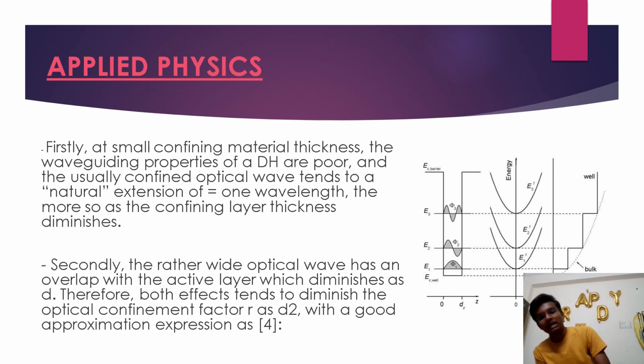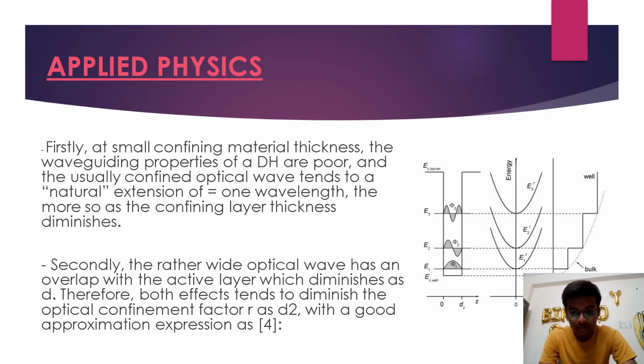Secondly, the rather wide optical wave has an overlap with the active layer which diminishes as well. Therefore both effects tend to diminish the optical confinement factor Γ, as d squared in an approximate expression.